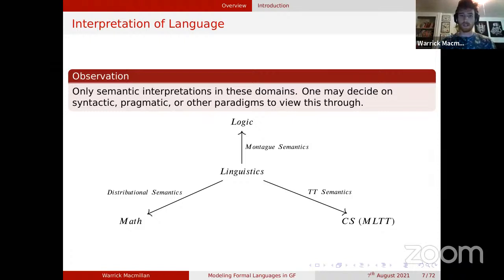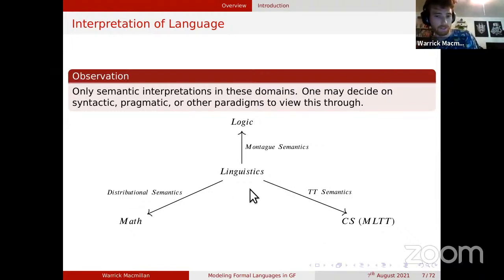So in this slide, we just show linguistics in the center, and we're just talking about semantics in this case, but you could look at it through a syntactic paradigm, a pragmatic paradigm, etc. So if you take language and analyze it via logic, like higher order logic, that's Montague semantics, and in that tradition, if you interpret the semantics of a sentence in type theory, then that's Ranta's type theoretical semantics.